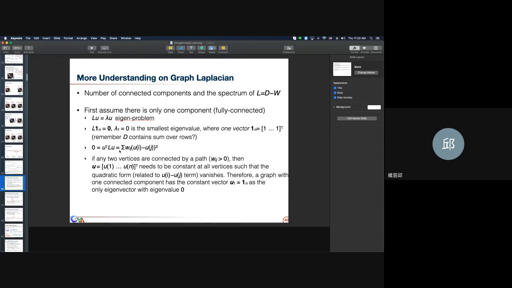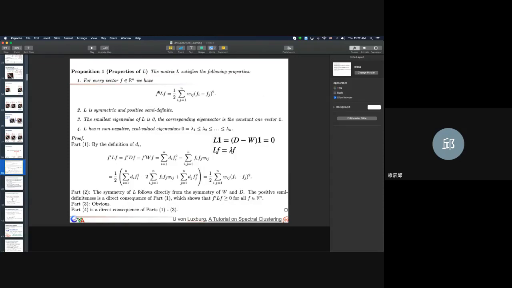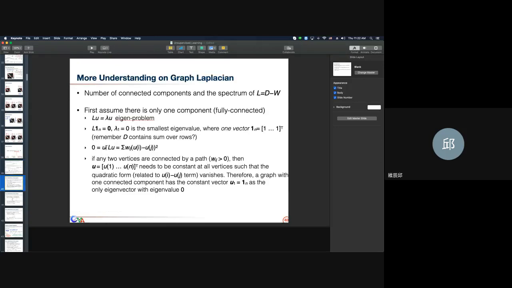According to the first observation, F transpose times L times F for any arbitrary F can be written in this analytical form. Let's now assume we have a vector U and we perform U transpose times L times U, and you will end up with this term.